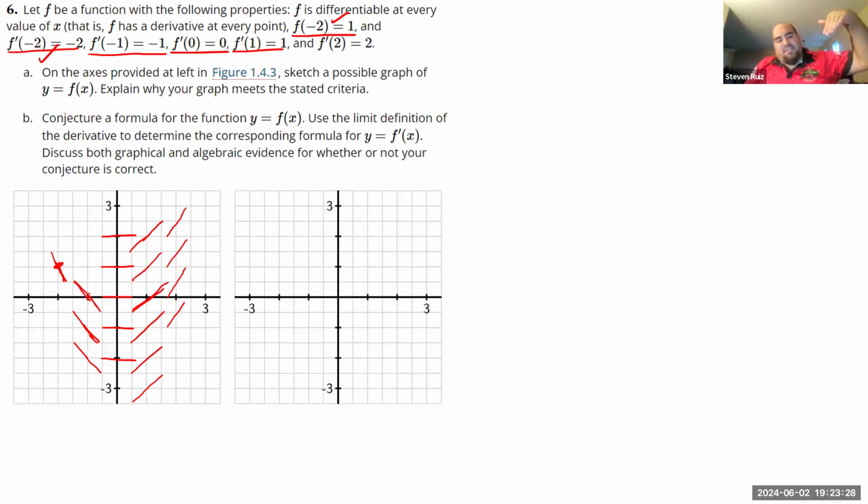It looks like this graph is going to start off by decreasing pretty steeply, and then it's going to come to a horizontal tangent line at the y-axis, and then it's going to start to increase. It's going to start to go back upward. So what's that going to look like? It looks like it's going to dip below.